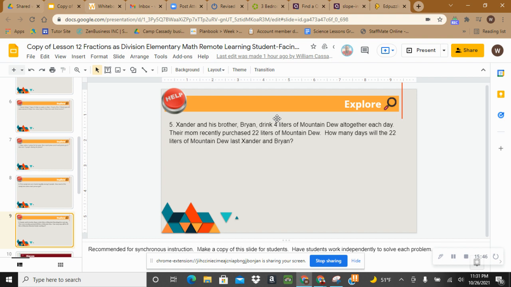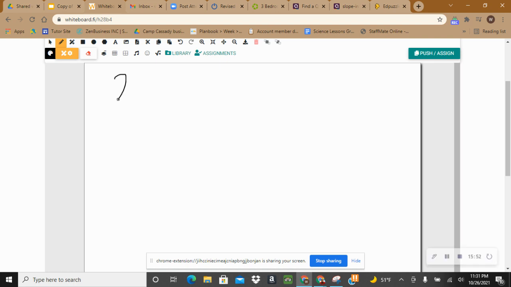So they're going to drink 4, 4, 4 until they get close to 22. That's going to be our division problem: 22 divided by 4. And remember, the first number is your numerator. So 22 over 4.